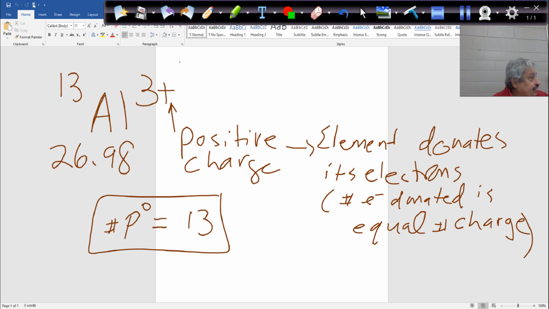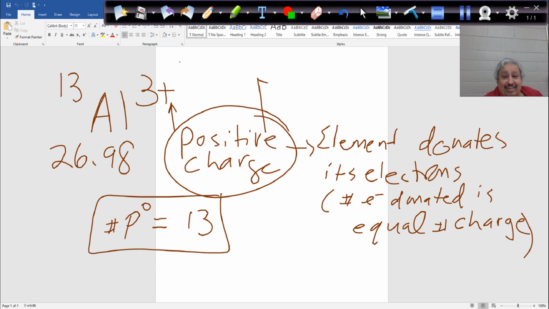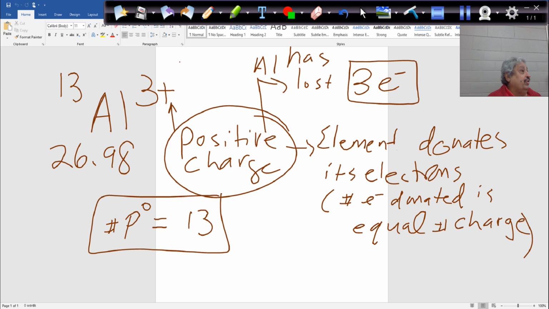However, we now have a charged element, not a neutral one. It has a positive charge. Positive charge means it has lost. So aluminum has lost 3 electrons. Are you following?